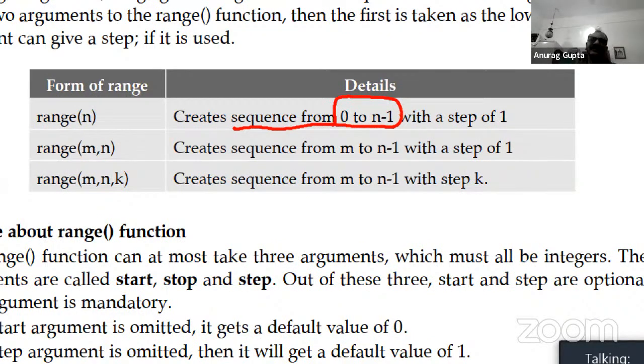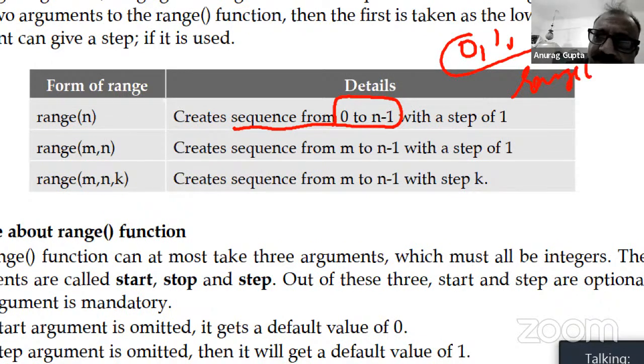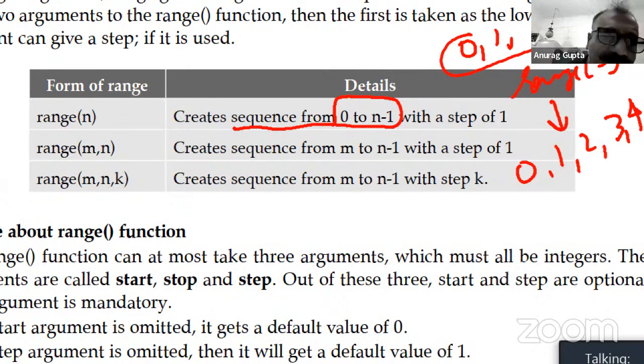The number of items is n because the index of the first item is 0, and the last item created will be n minus 1. As you know, if you have to count from 0 to 5, then you have 6 items. So if you're doing range 5, this will give you an iterable or a sequence which has 0, 1, 2, 3, and 4 only, not 5.